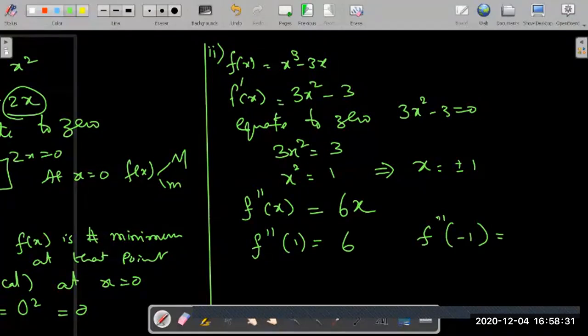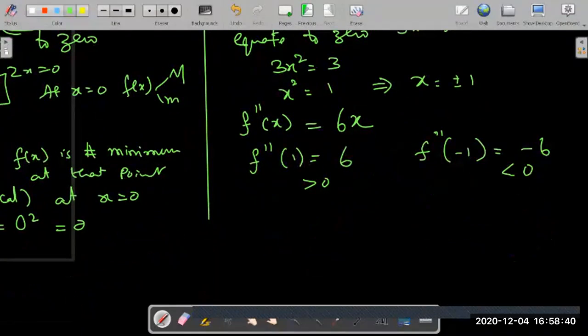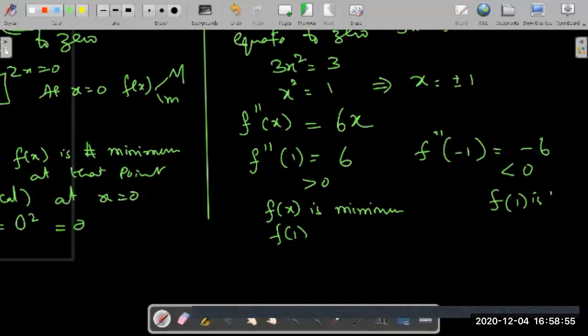F double dash minus 1, I get minus 6. So this is greater than 0, this is less than 0. And therefore, where it is greater than 0, f of x is minimum. Here f of 1 is minimum. Here f of minus 1 is maximum.